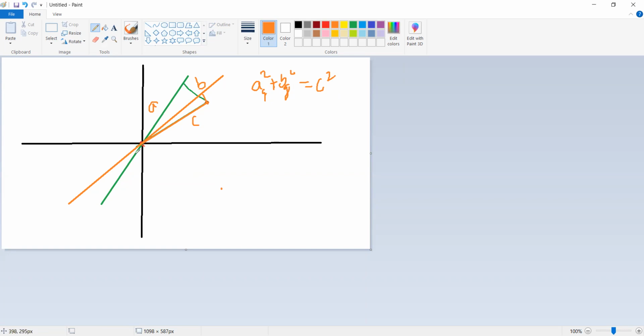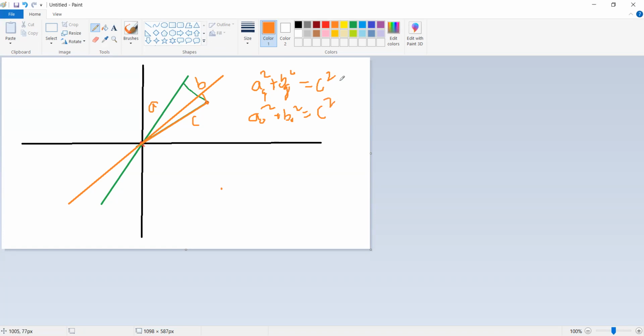C will not change, because we are not changing the origin and the point. So this hypotenuse is going to be the same. So AG square plus BG square equals C square. Here you will have AO, A orange square plus B orange square is going to be C square.